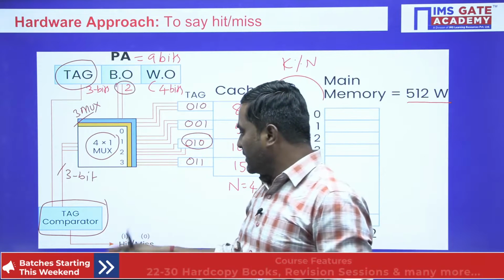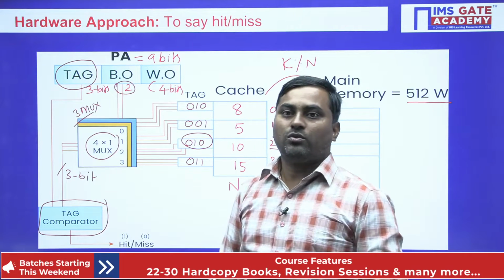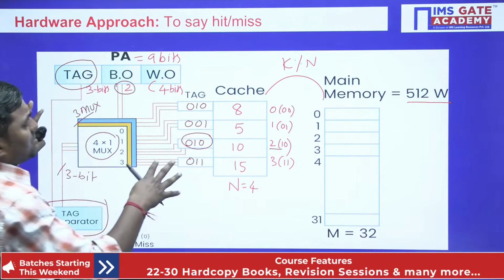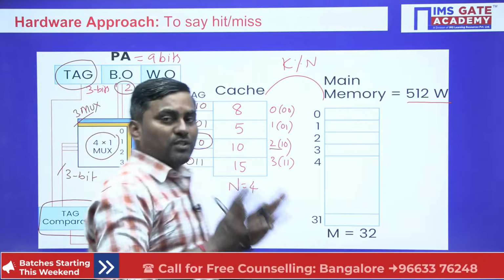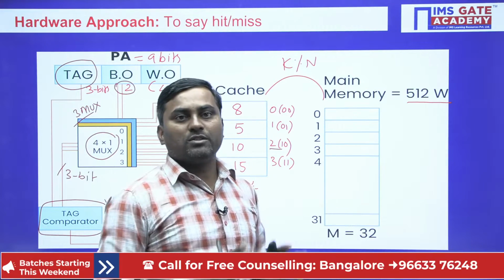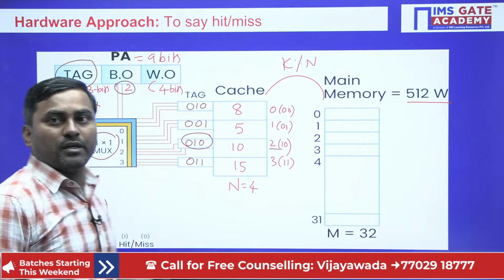The comparator says whether it is a hit or miss: if both match, it says 1, otherwise 0. I hope you understand how hardware tells whether the block is present or not. We need a set of multiplexers and one comparator.